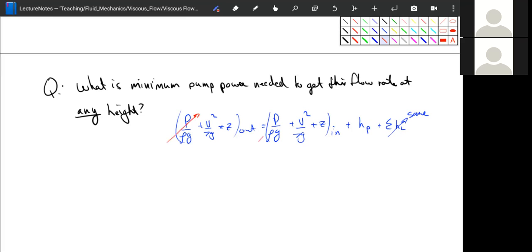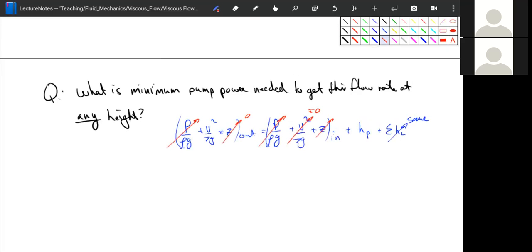So our gauge pressure means we can cancel out all of our pressures. Our Z out is equal to 0. Our V in is basically equal to 0. We are now solving for the pump power needed so we don't have any height, which means our Z in is going to be 0. Our V out we know, and we're solving for our HP.